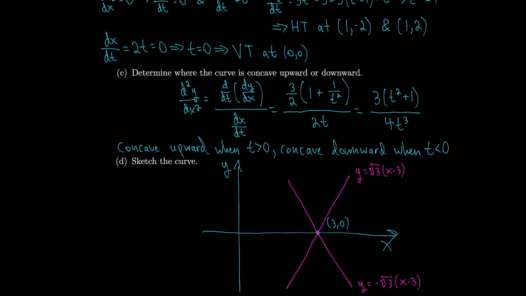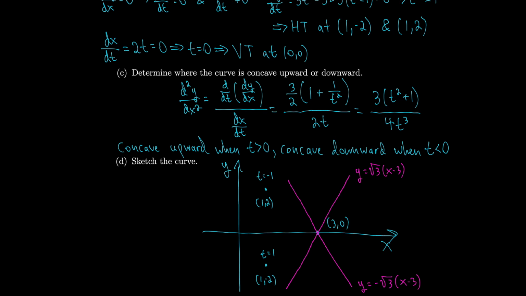Notice also that we have horizontal tangents at (1, -2) and at (1, 2). So let's say it's something around over here. So this is at t equals -1, and it's the point (1, 2). And then over here is at t equals 1, and that's the point (1, -2).